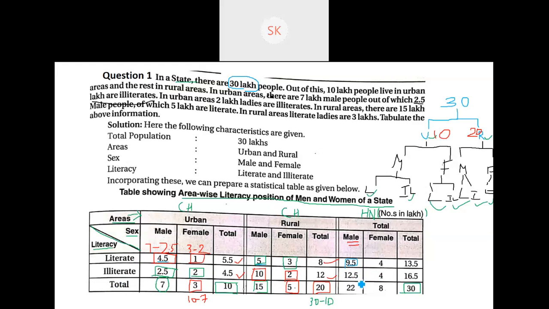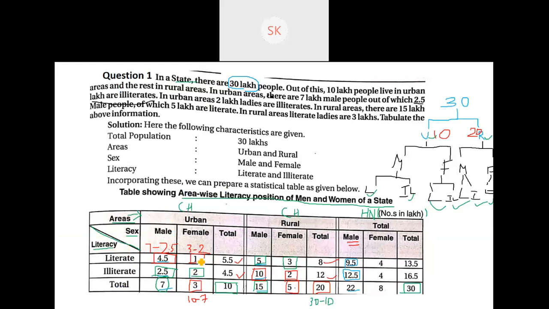That is male. Again, 2.5 plus 10 is 12.5. Again here, 7 plus 15 is 22, so that will give the total. Then coming to female, again just total these things.